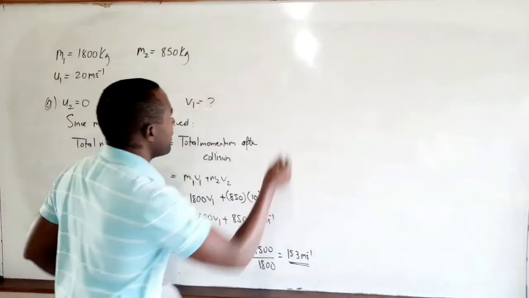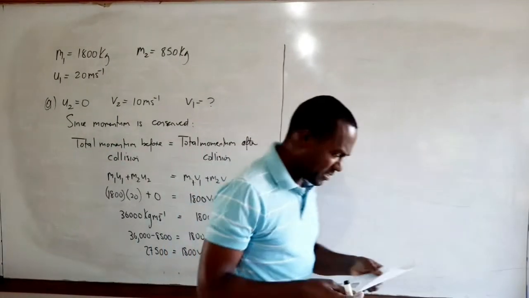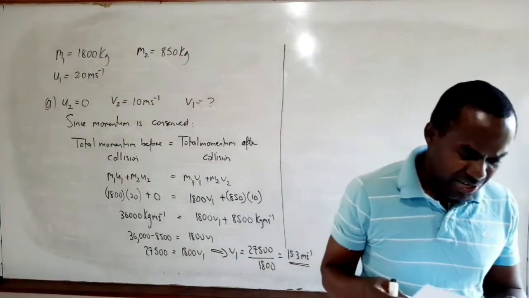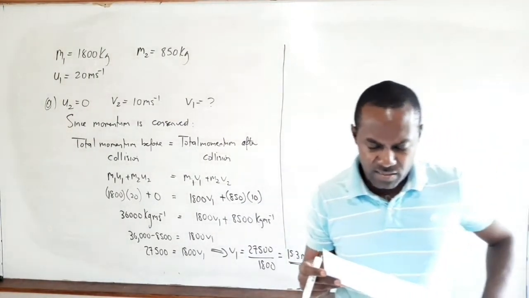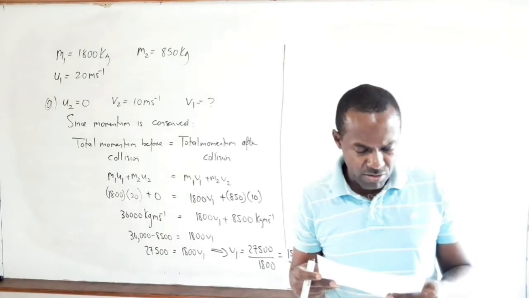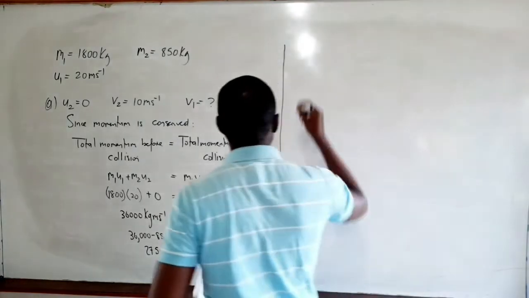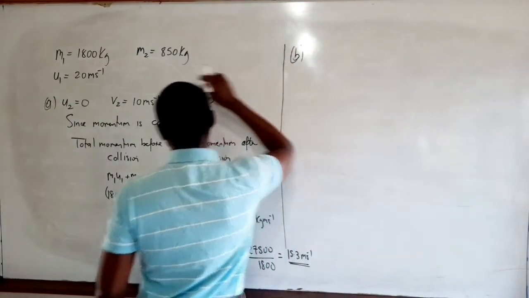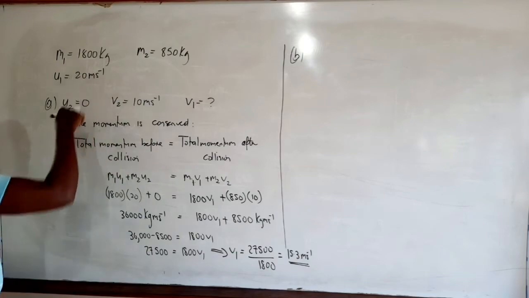Now let's look at part B. Part B says the smart car's initial velocity is 12 meters per second and in the same direction as the Range Rover, and its velocity after collision is 18 meters per second, right? So in part B, the information from before still applies, the masses of course and the initial velocity of the Range Rover.